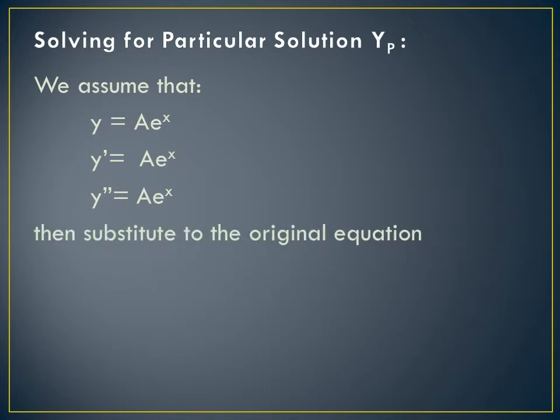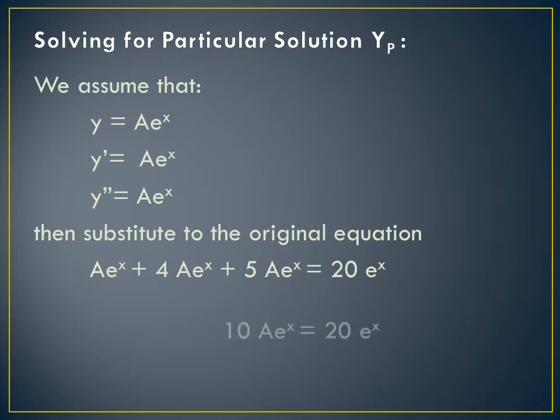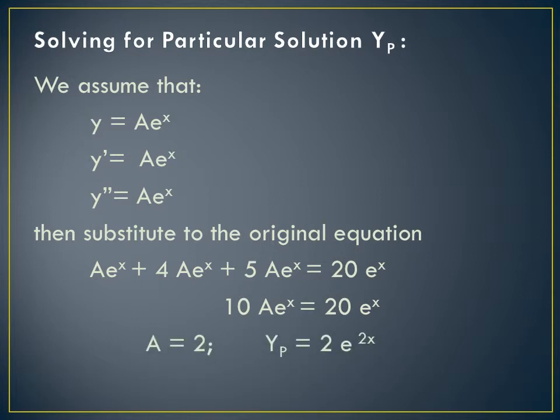Then we substitute into the original equation to get ae^x + 4ae^x + 5ae^x = 20e^x, where a is also a constant to be determined. Now we get 10ae^x = 20e^x. Our a = 2, so our yp is 2e^x.